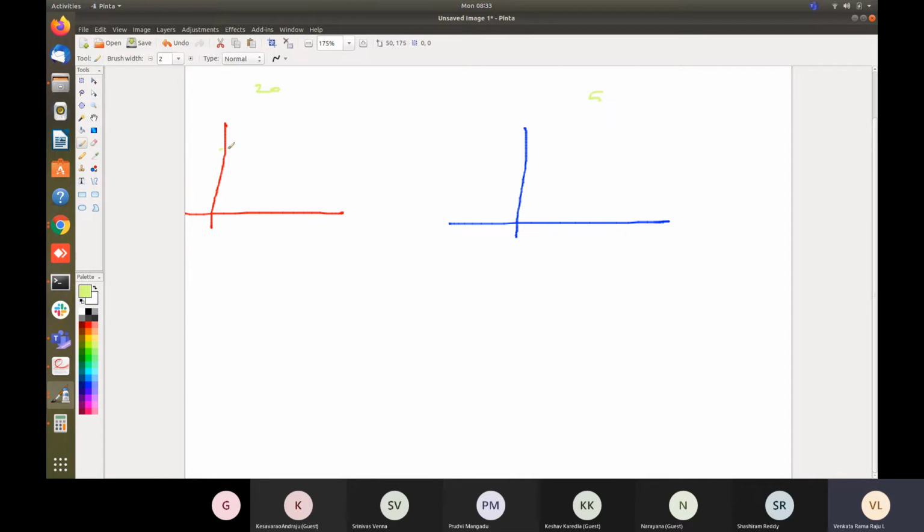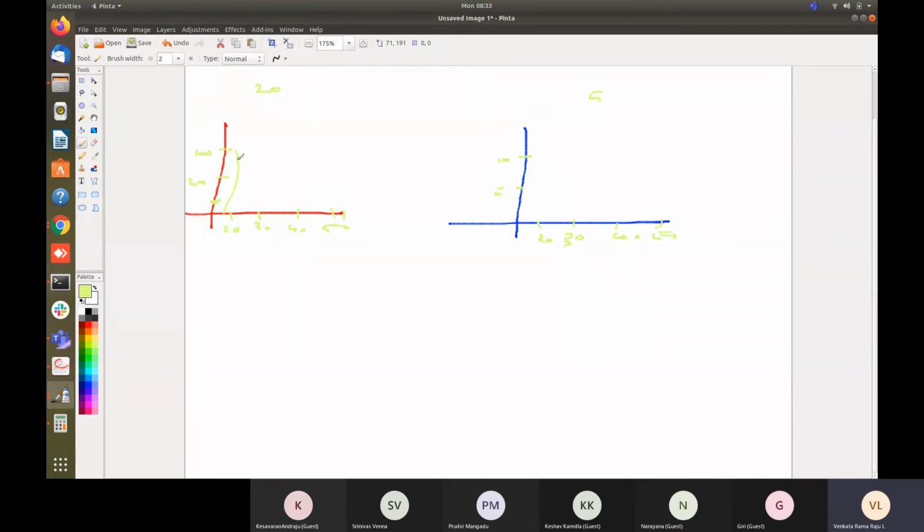So 100, 50, and here 10, 5. Between 0 to 20, 20 to 30, 30 to 40, 40 to 50, the graph may be like this.